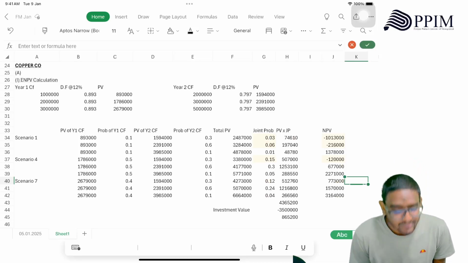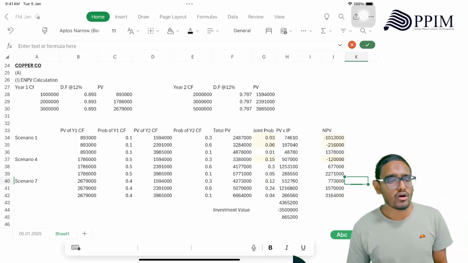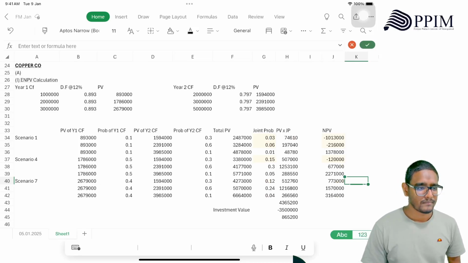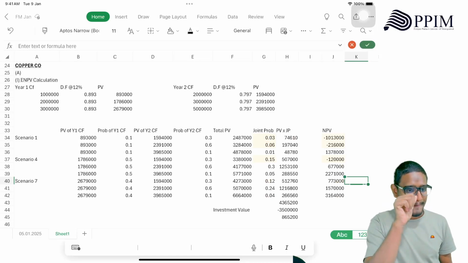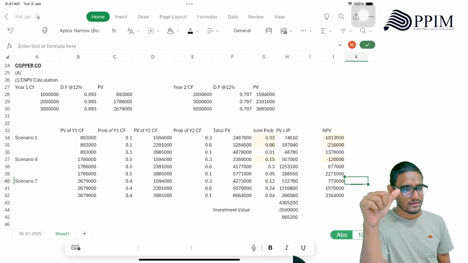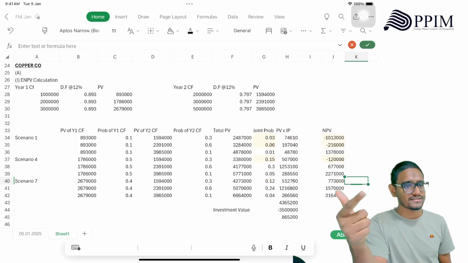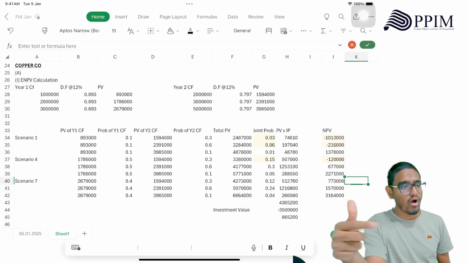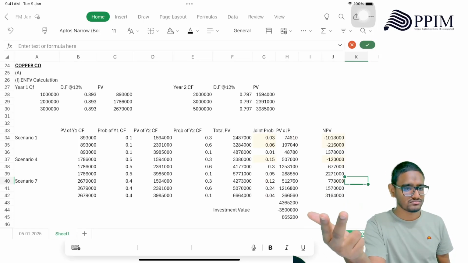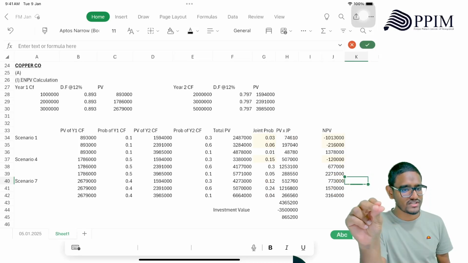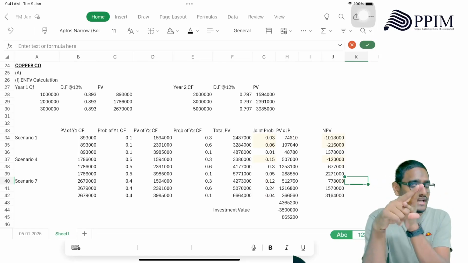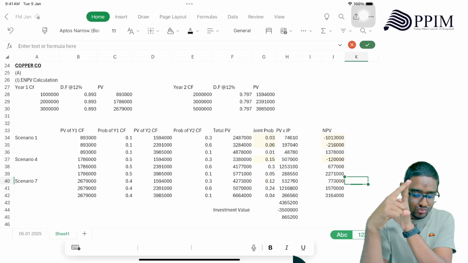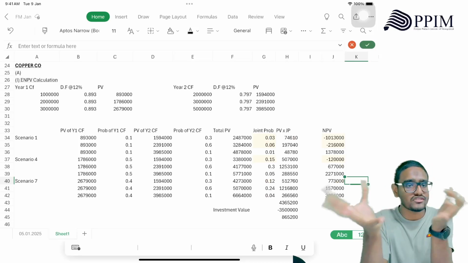Now, when you read the joint probabilities, you might be thinking, do I add or multiply? It can be scenario 1, or scenario 2, or scenario 4. These are the three scenarios in which you have a negative NPV. You're not saying scenario 1 and scenario 2 and scenario 4, because all three can't happen at the same time.